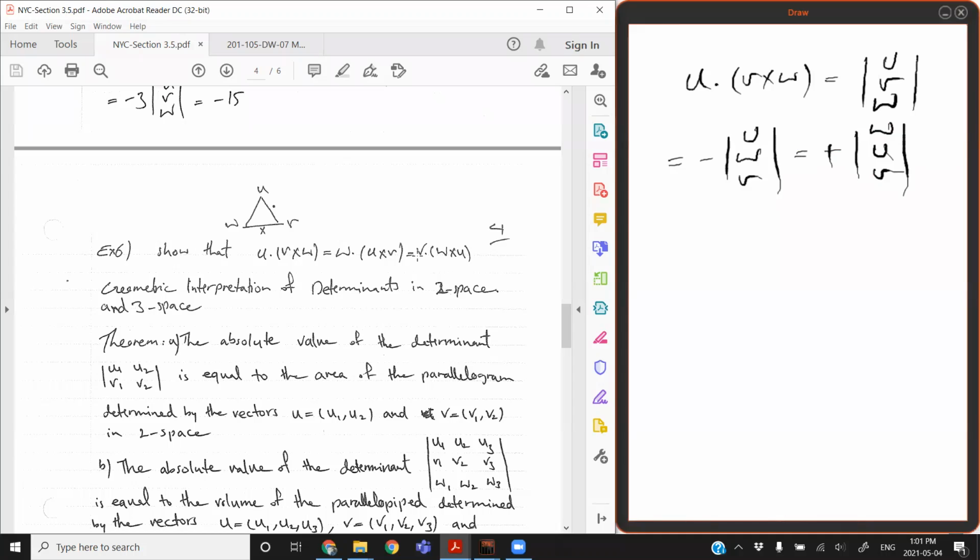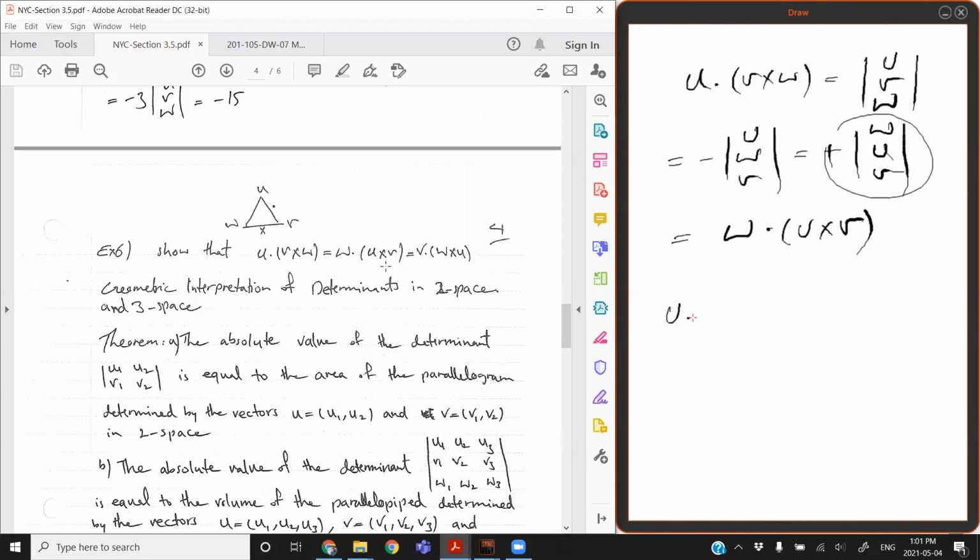Yes, so each swap negates the determinant, but if you're doing 2 swaps, then you have minus times minus, plus. So it's as if you have done nothing. So now let's look at this one. Isn't that W dot U cross V? So we get this.